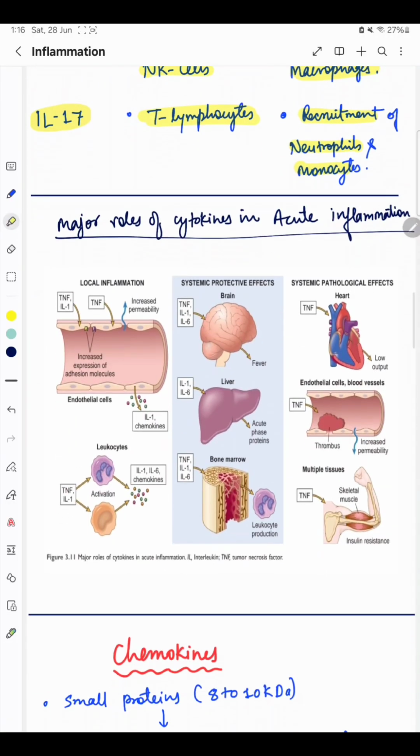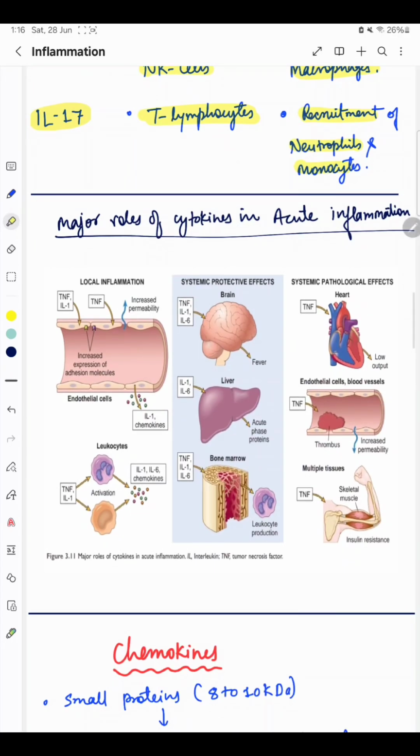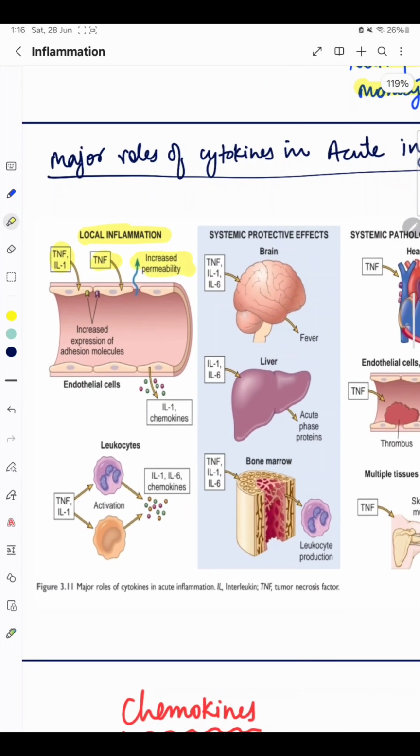Now we will see the major role of cytokines in acute inflammation. First is the role of cytokines in local inflammation. Interleukin 1 and TNF alpha cause an increase in vascular permeability, and result in increased expression of adhesion molecules on the endothelial cell.